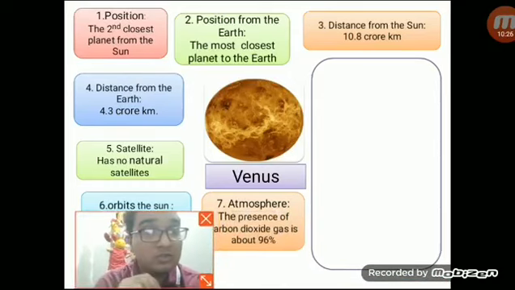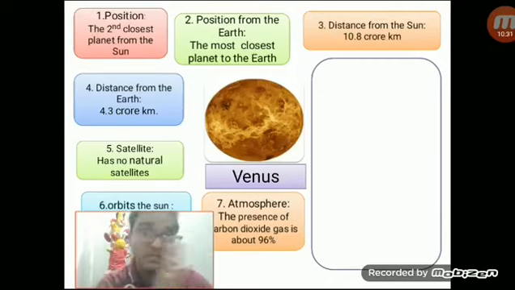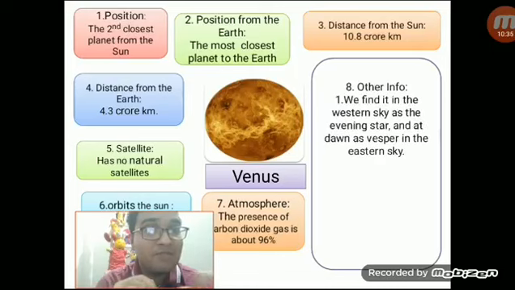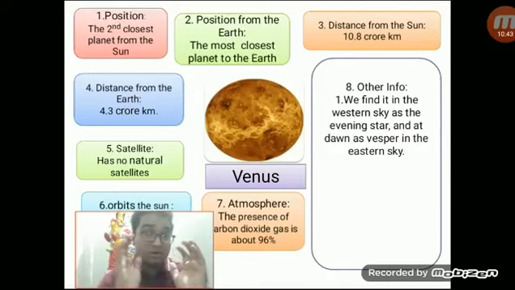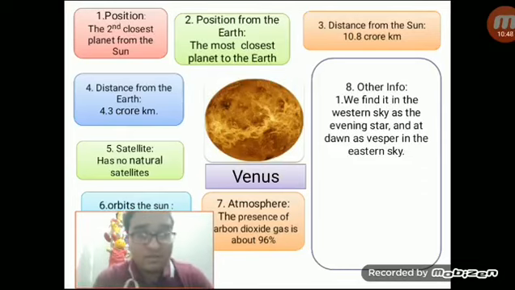Now I am going to describe the other information, and this information will be very important. First of all, we find it in the western sky as the evening star and at dawn as Vesper in the eastern sky. Dear students, try to understand this line.